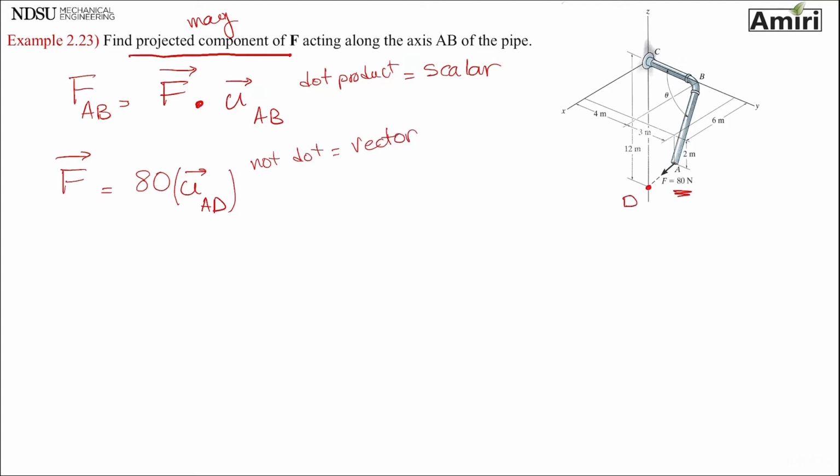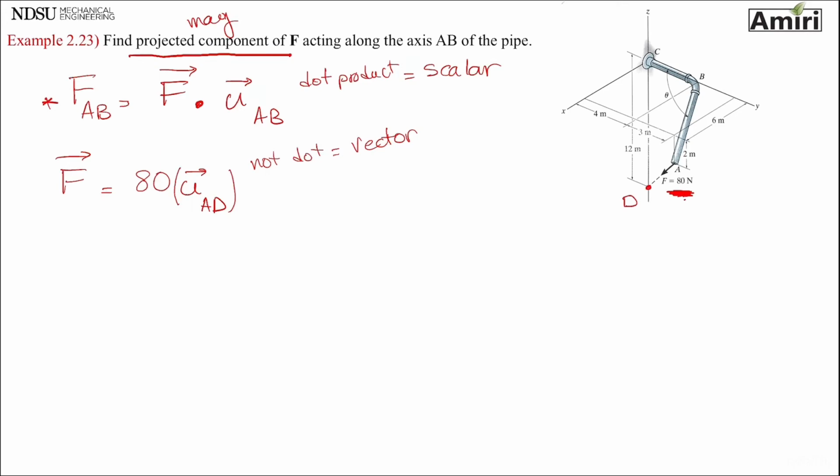This is when you have a force of 80 newtons or a force of known magnitude, but you don't have it as a vector. To turn it into a vector, you just add a unit vector next to it, or multiply it by unit vector, so you add the direction to it. What we are doing here, we are trying to find a component of a force by using dot product. So it's good that these two equations are next to each other so you can compare them with each other.